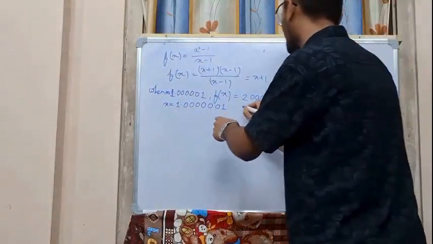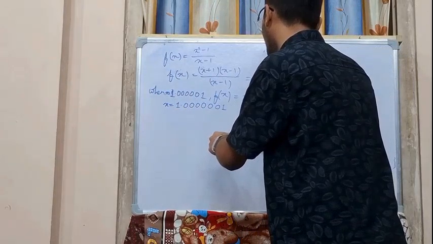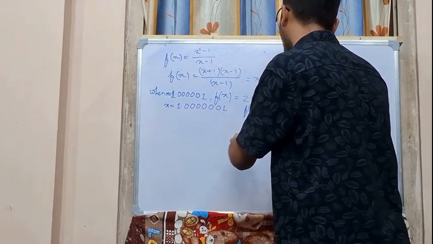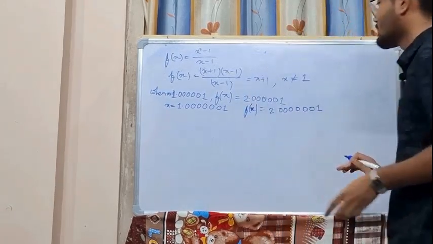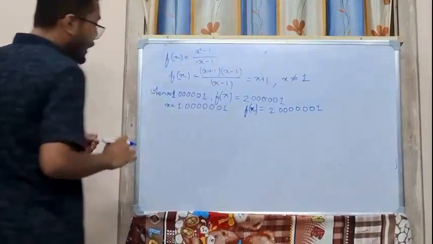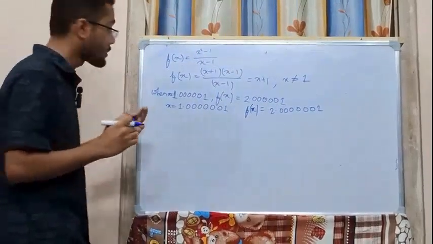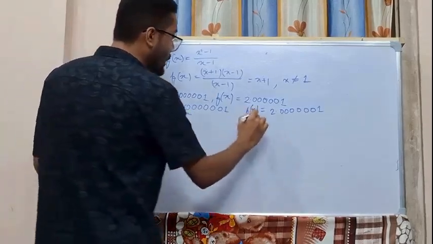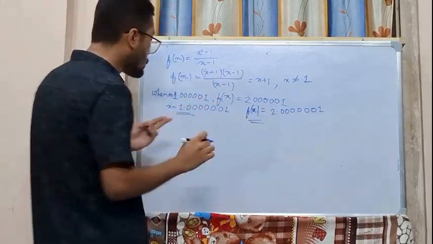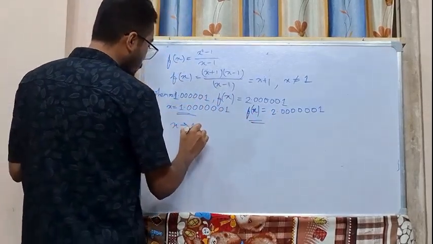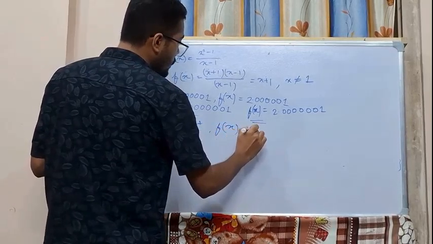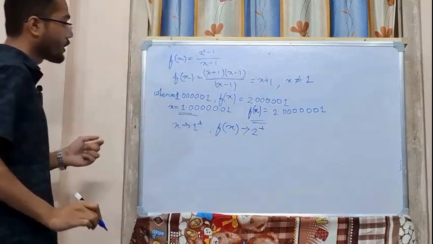As we decrease that much, f(x) will decrease by that much, right? That means the closer x approaches 1, the closer f(x) approaches 2. x tending to 1 plus, f(x) is tending to 2 plus.